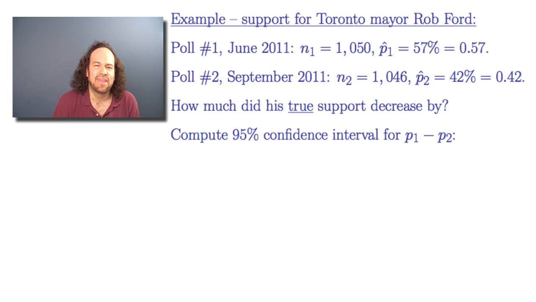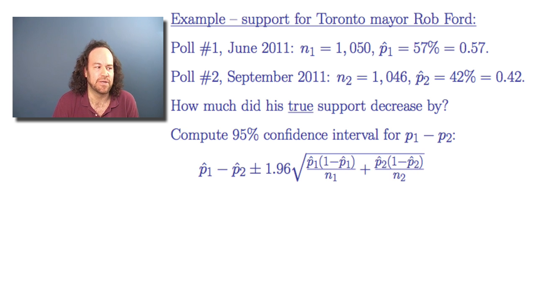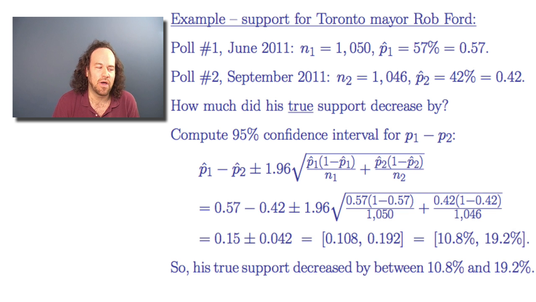Well, the 95% confidence interval for this difference, his true support at the time of the first poll as compared to his true support at the time of the second poll, is given by the formula that we just developed. So it's the observed difference between the fractions of support plus or minus 1.96 times the square root of this big complicated variance term. It works out so the observed difference is 0.15 or 15%, plus or minus this uncertainty, which is about 0.042.